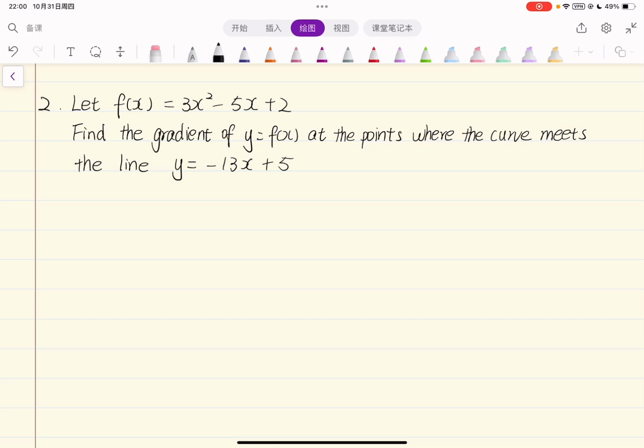So at first, we need to find the points of intersection. Which means we need to find the value of x when 3x squared minus 5x plus 2 equals negative 13x plus 5.